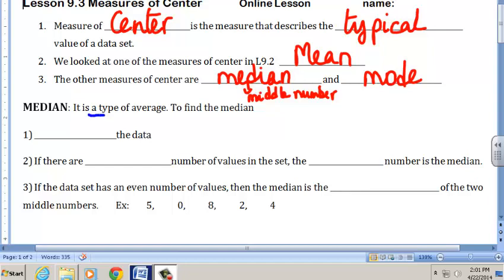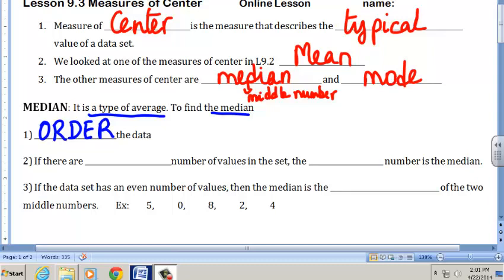All right, now let's take a look. Median is a type of average. Just like mean is a type of average, median also is a type of average. And in order to figure out the median, we have to order the data. If you do not order the data, then your problem is going to be wrong. And I know that you've done this in elementary school, so this is sort of a review for you.